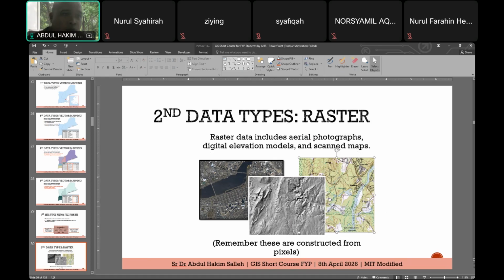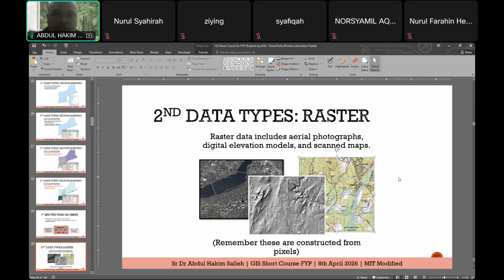The maps that you obtain from any library, or from any government agencies, are usually in the form of a map. You can purchase the map and you can scan the map, right? Okay. Now this is raster. It comprises pixels. After pixels, they connect and form surfaces.